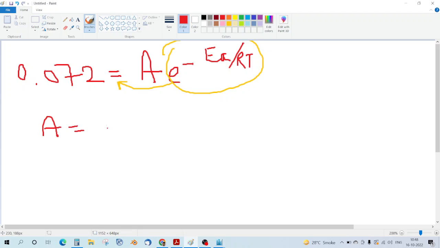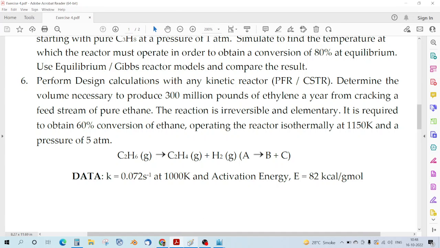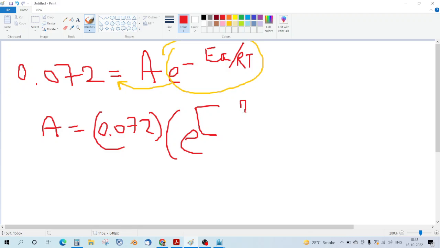So my A would be equal to 0.072 multiplied by e to the power Ea by RT. Ea is 82 kilocal per gram mole, so 82,000 cal.